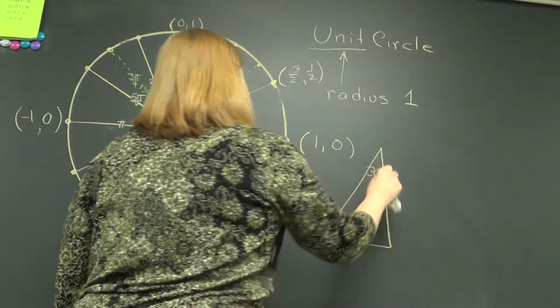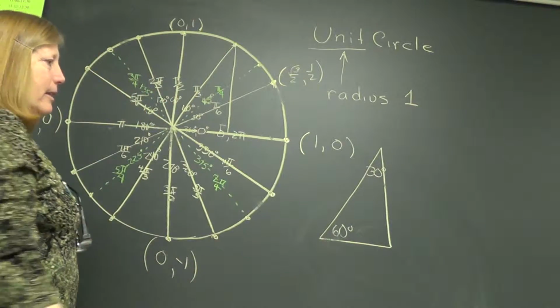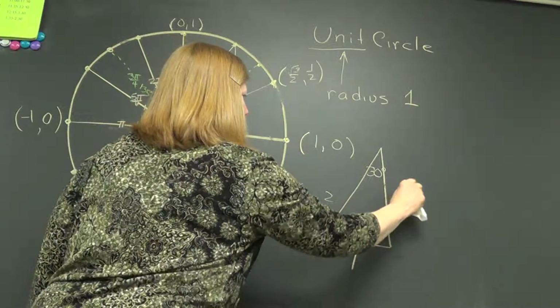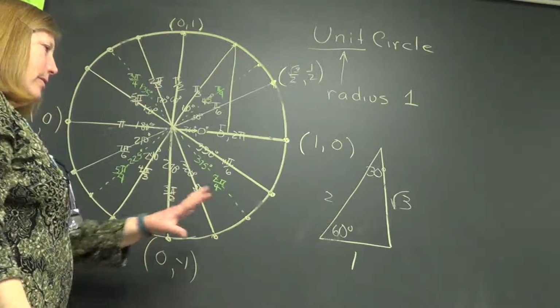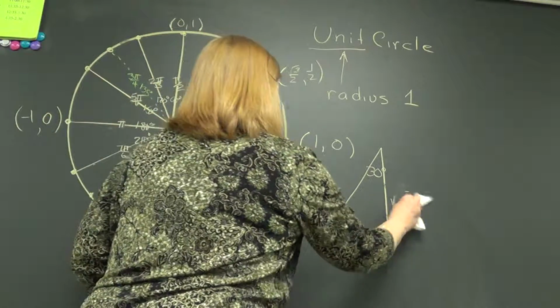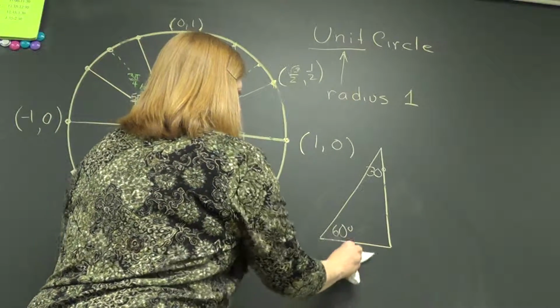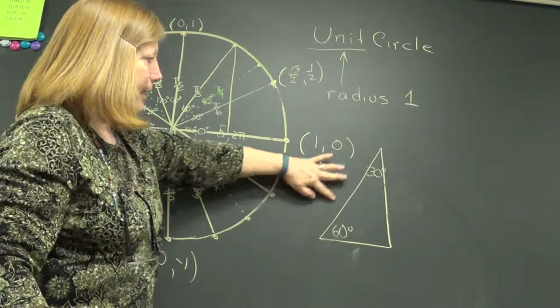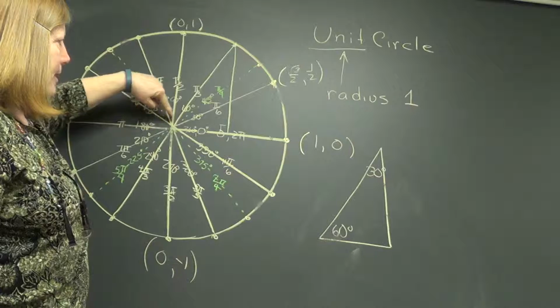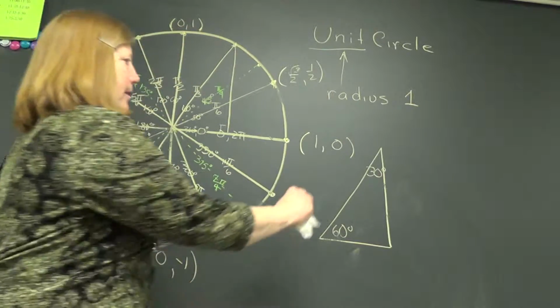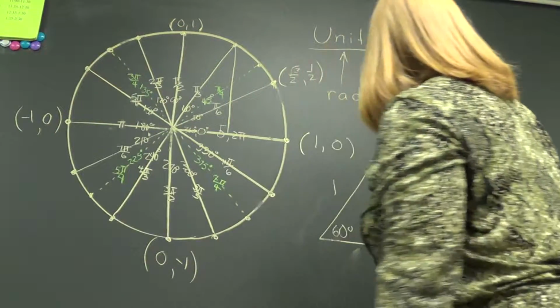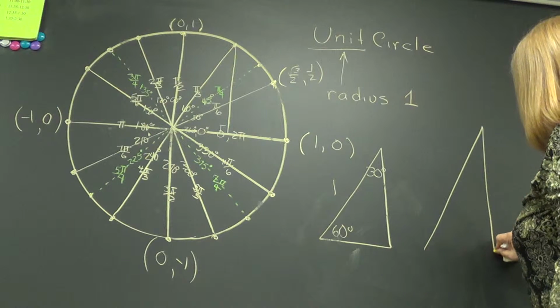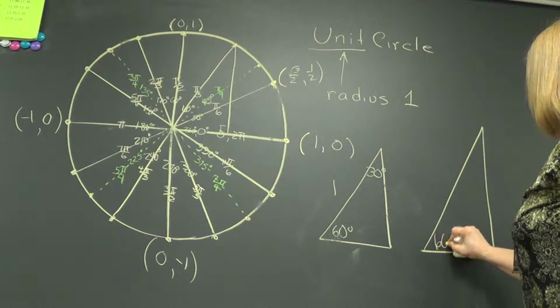So, remind me, this is a 1, 2, square root of 3. Let's say this is the one that I picked up and over here. So what's the length of this? It corresponds to this length. 1. It's a unit circle. Now that corresponds to our special triangle that we learned the other day.